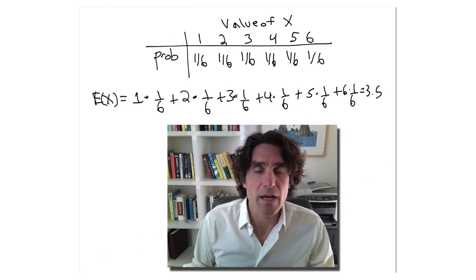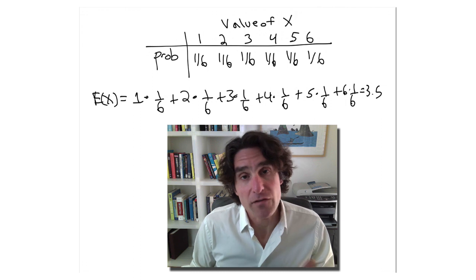So the mean of any discrete random variable is basically an average of the possible outcomes.